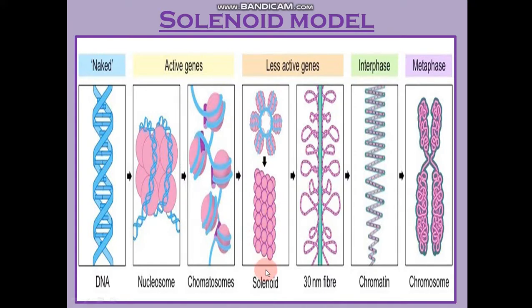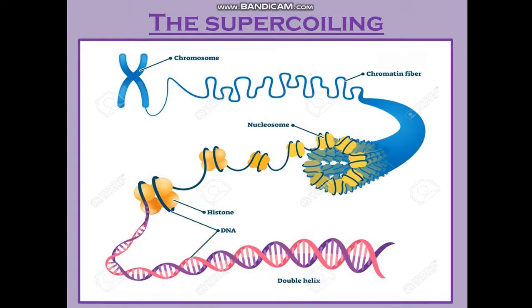Okay, moving further. The supercoiling. See, understand this diagram. This is also a similar kind of thing to understand how it actually happens. This is the DNA helix, and the DNA coils 1.75 times on the histone octamer. These histone octamers appear as beaded structures, chromatosomes.